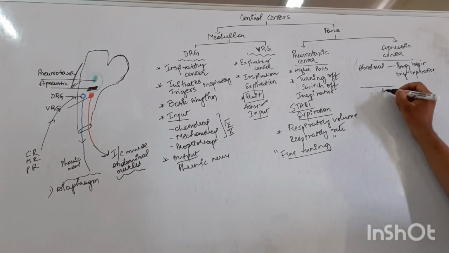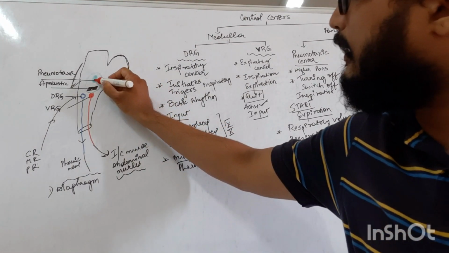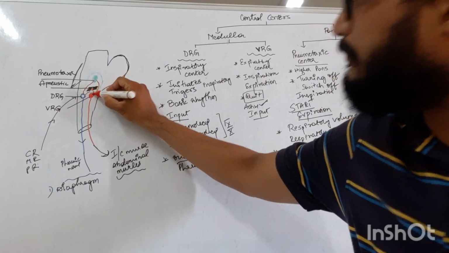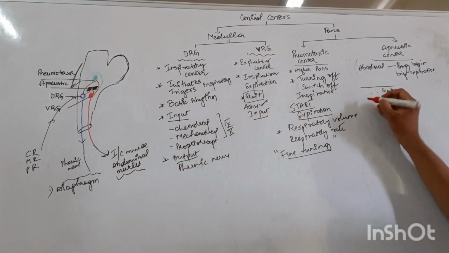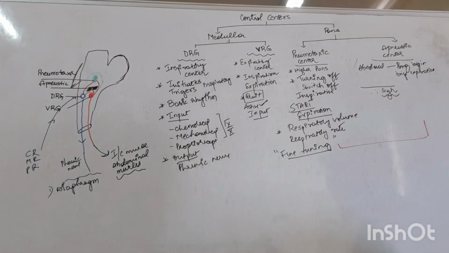Therefore, it plays an important role during the complementary breathing cycle or sigh. Both the pneumotaxic center and the apneustic center have their influence on both DRG and VRG, so that they will regulate the rate of respiration or the amount of gas that is taken inside the body.